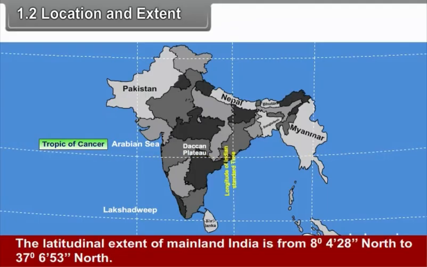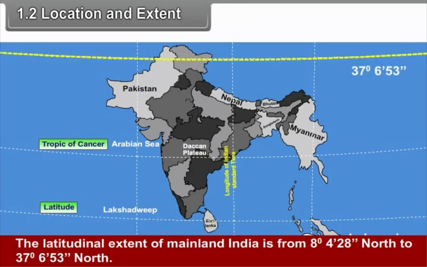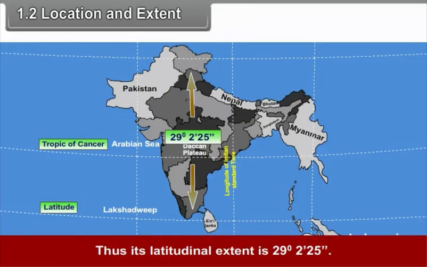The latitudinal extent of mainland India is from 8 degrees 4 minutes 28 seconds north to 37 degrees 6 minutes 53 seconds north. Thus its latitudinal extent is 29 degrees 2 minutes 25 seconds.